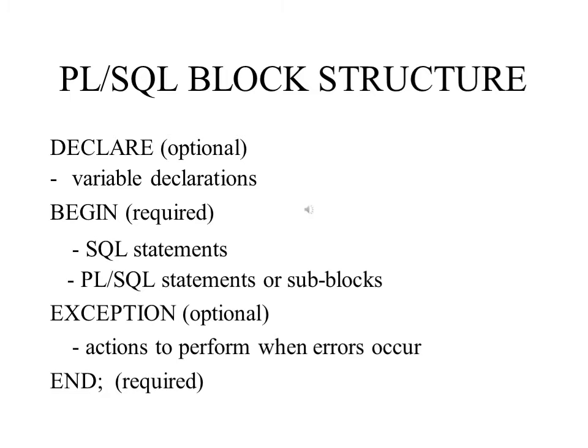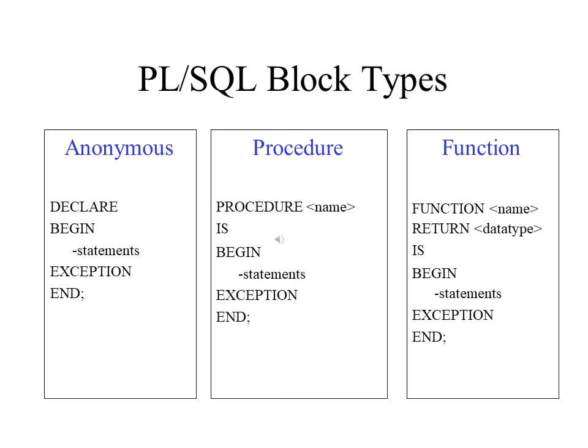An executable section starts with the keyword begin and ends with the keyword end. The executable section must have at least one executable statement, even if it is the null statement which does nothing. Then third is the exception handling section.